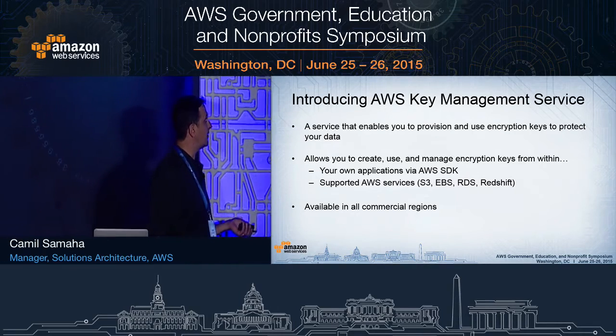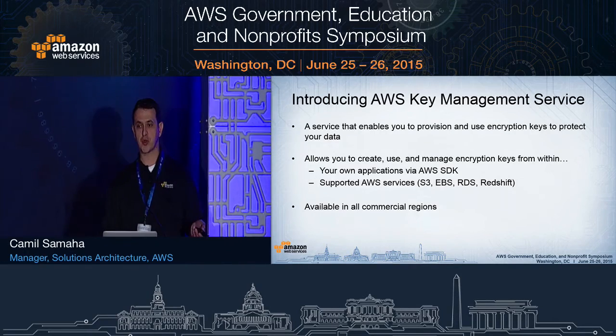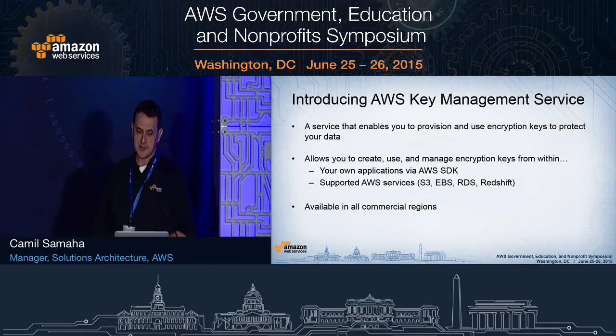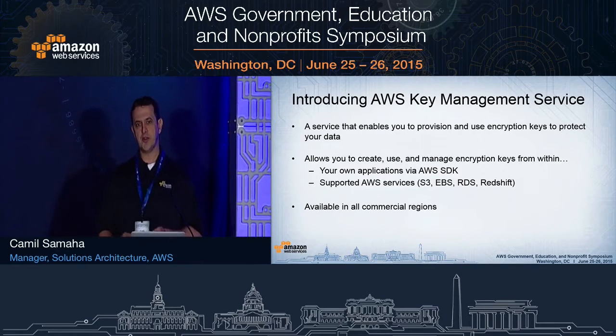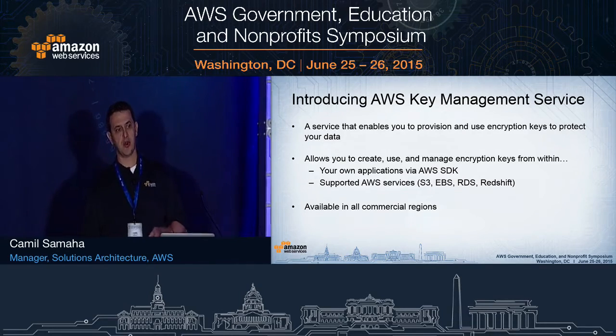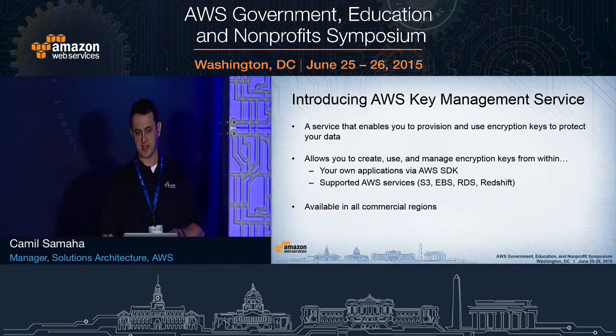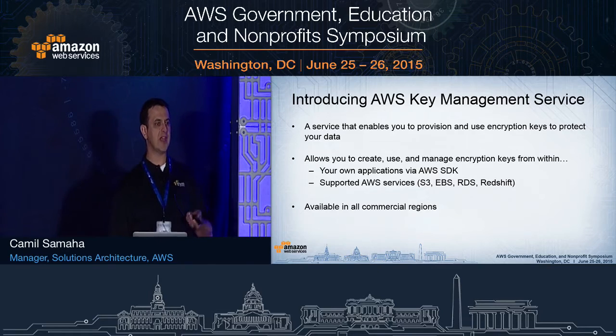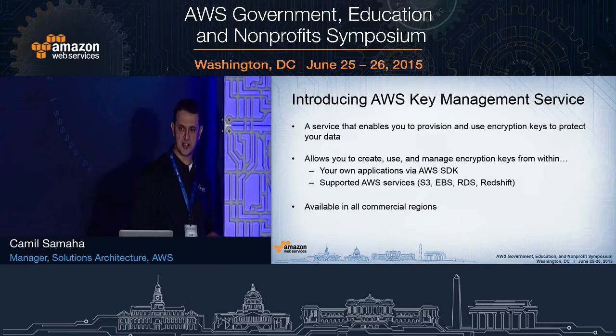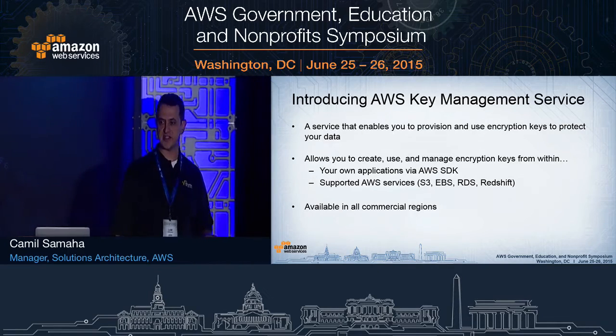With AWS Key Management Service, or in short, KMS, it allows you to create, use, and manage your master keys using a fully managed service, KMS. You can leverage that using your own applications and your code using our provided SDKs.